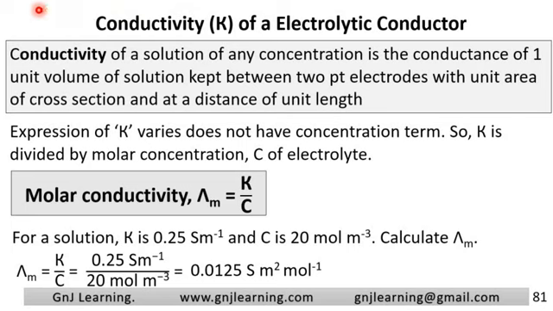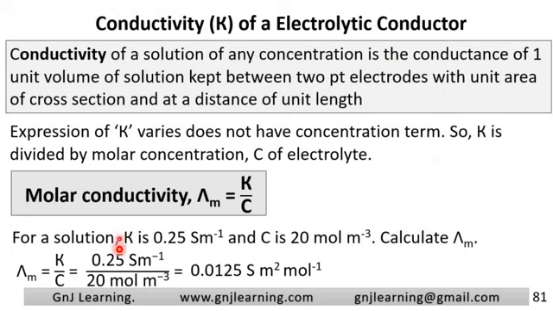If your entire screen is unit volume, and that unit volume has 20 mole inside it, imagine that your entire screen of the video is unit volume, meter cube here, and it has 20 mole inside it, and that entire unit volume has a conductivity of 0.25 Siemens meter to the power minus 1.